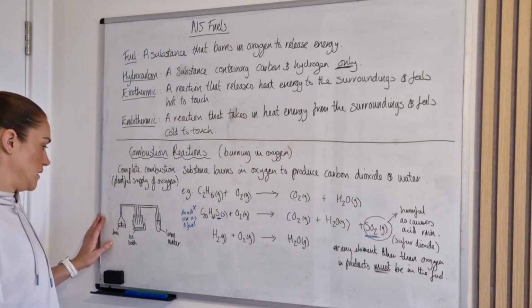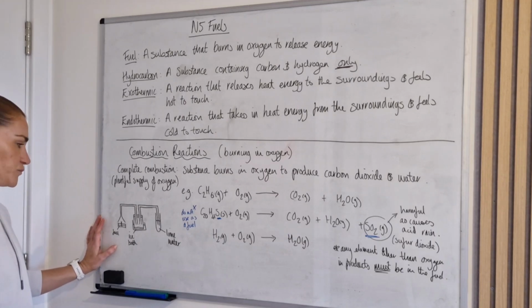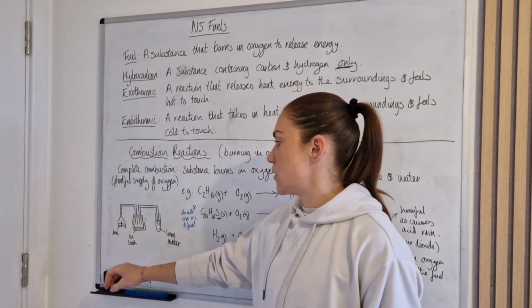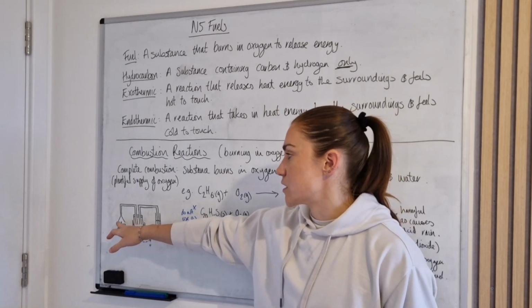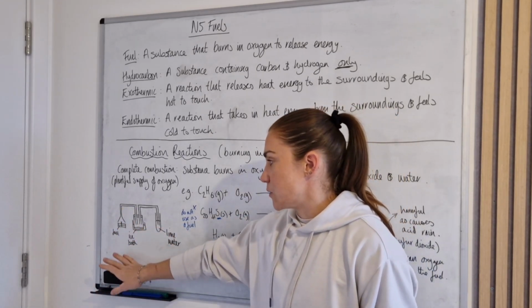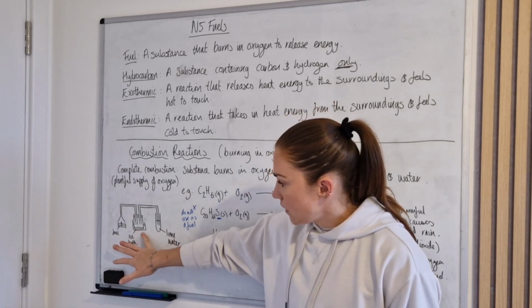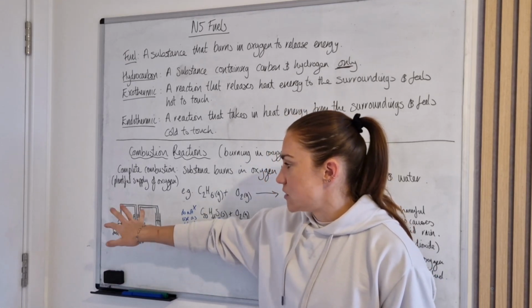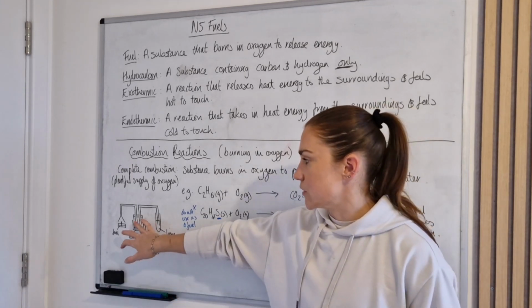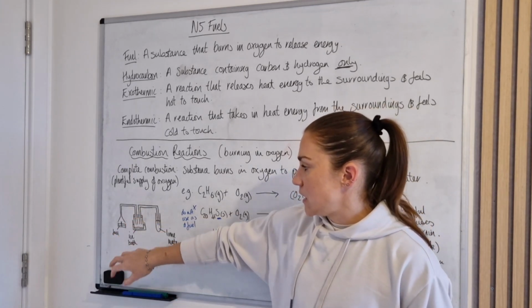Then we've got this experiment here that you'll see sometimes. This is where we're burning a fuel or substance and we're trying to identify what the products formed are to help us identify what the fuel might be. The first collection bit is usually where you've got an ice bath, so cold water around that container.